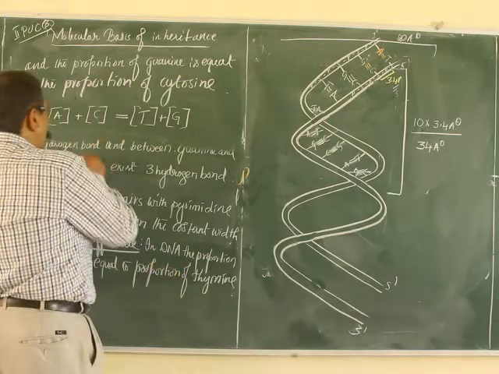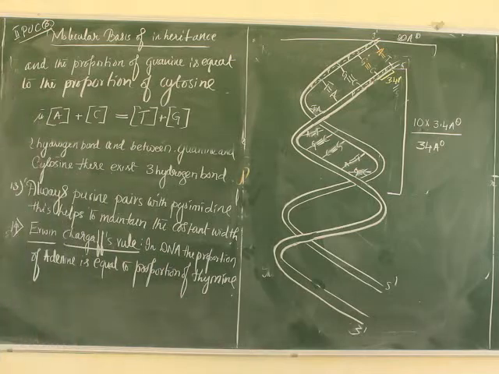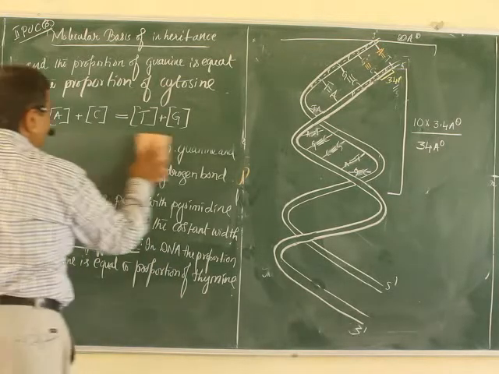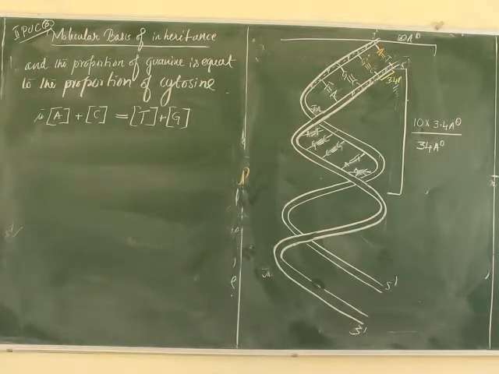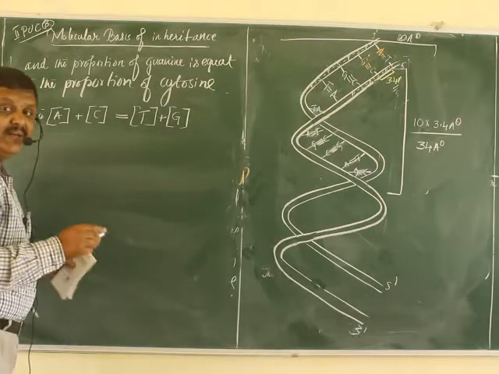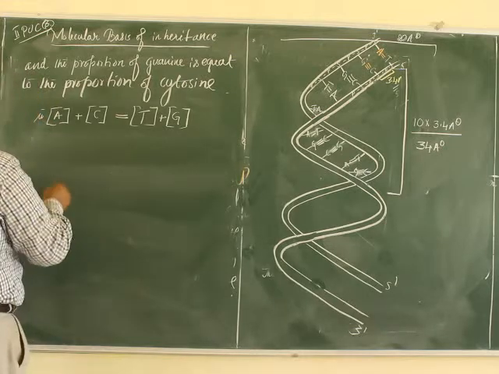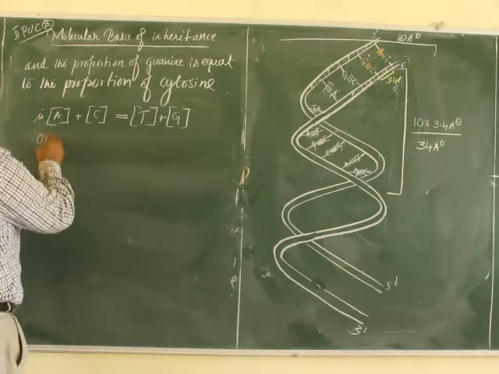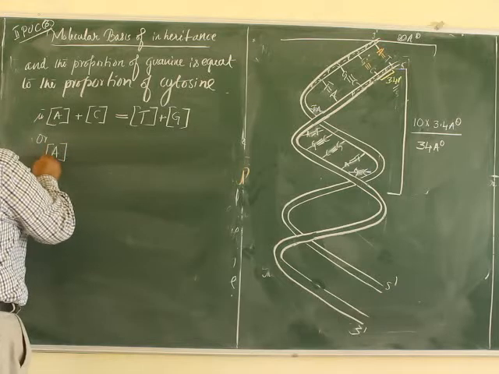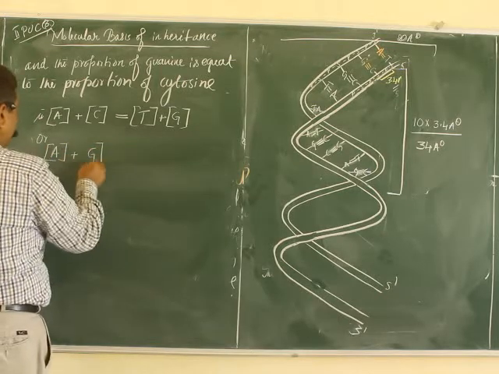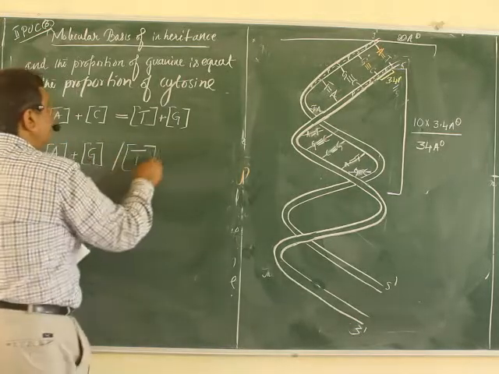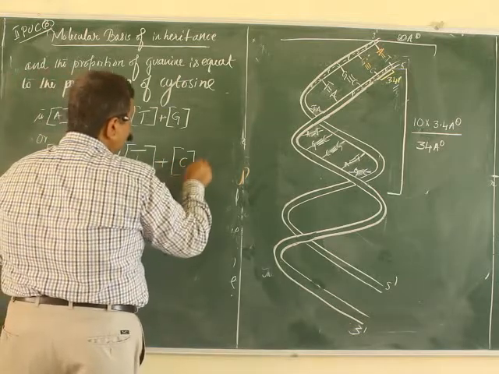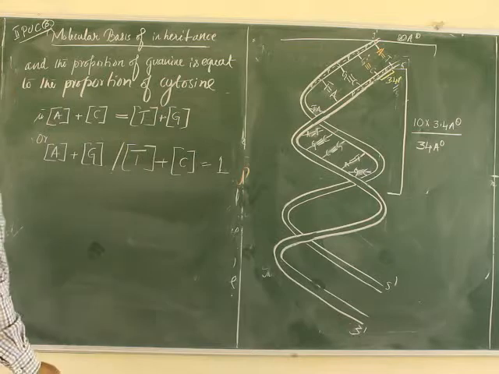Or I can write it like this also. Dear students, this chapter is very important from your NEET point of view. So if you have any doubt, please call me and ask the doubt, okay? Or we can write this as adenine plus guanine is equal to thymine plus cytosine is equal to 1.